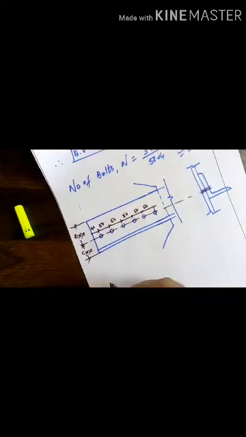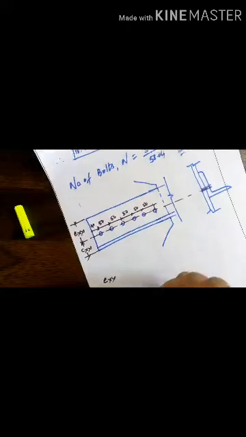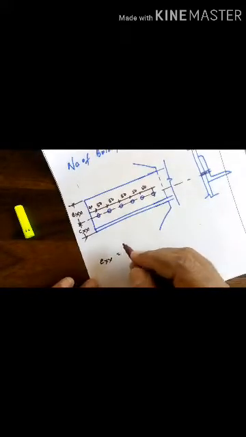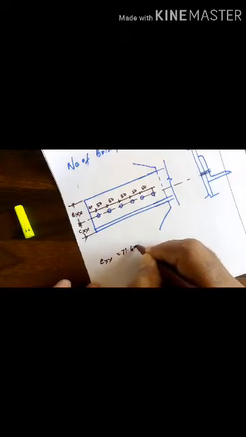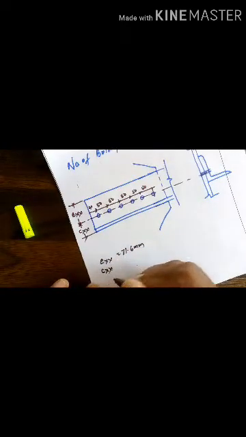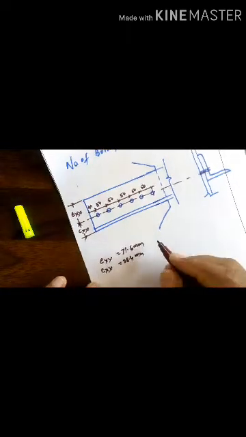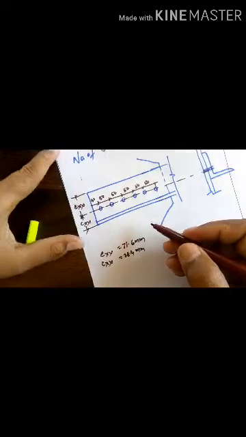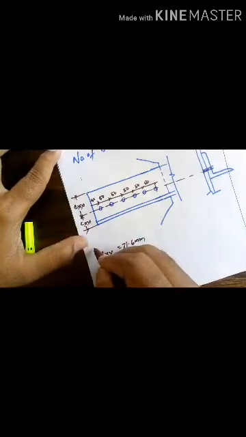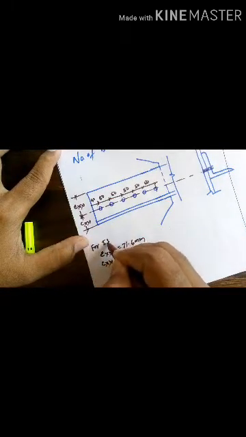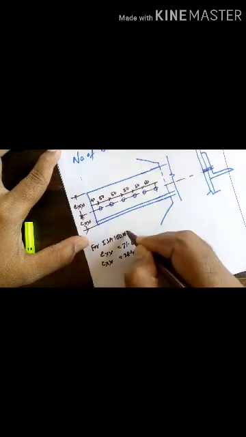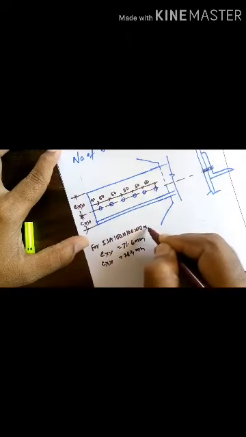From the steel table you will get exx as 71.6 mm and cxx as 28.4 mm, for ISA 100 by 100 by 10 mm.